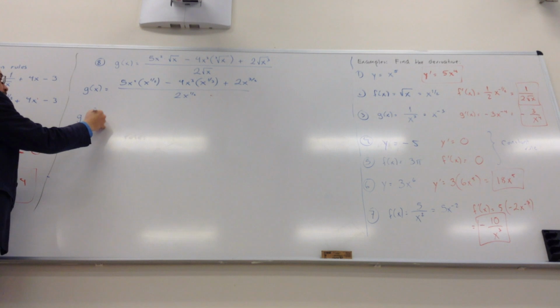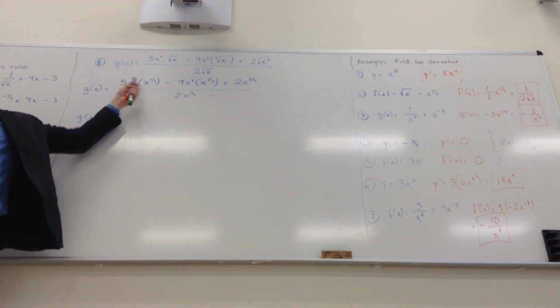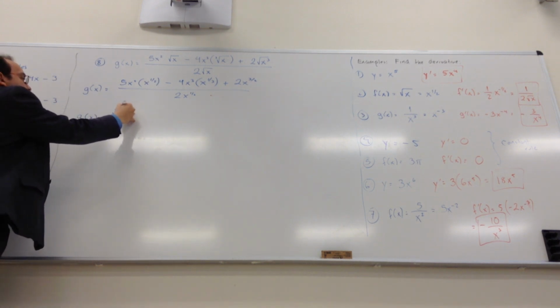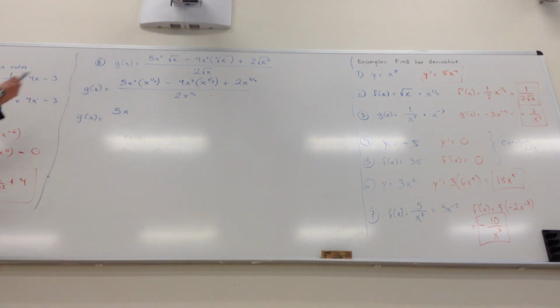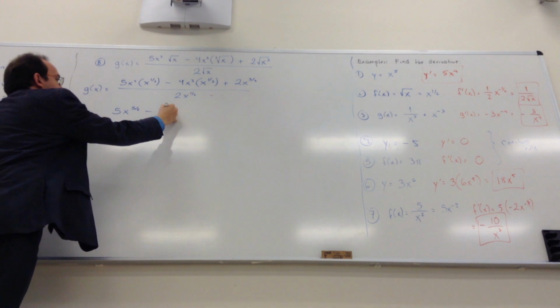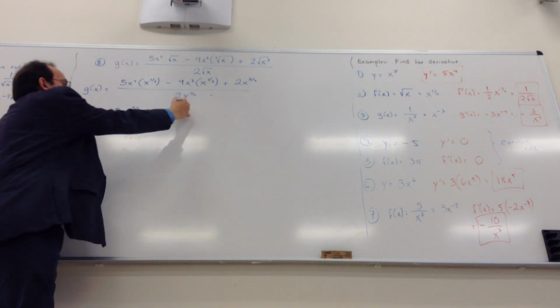What happens if I have the same bases, different powers? How can I multiply them? You add them. So it's going to be 5x to the what? You have 2 and 1/2: 5/2. Minus 4x. You have 3 and 1/3: 10/3.